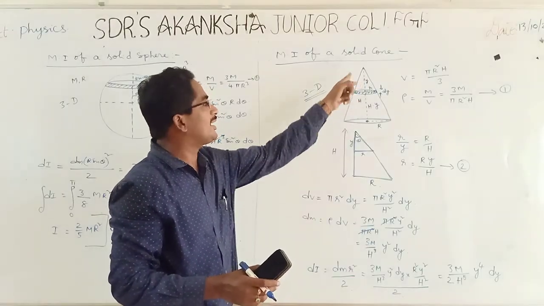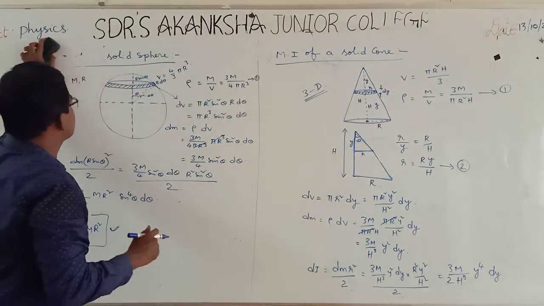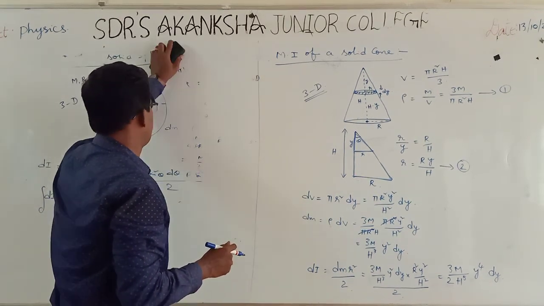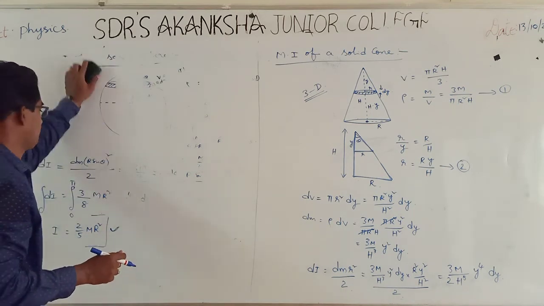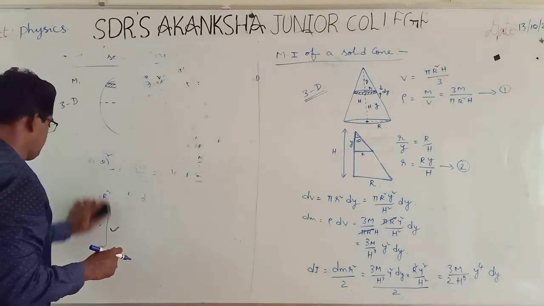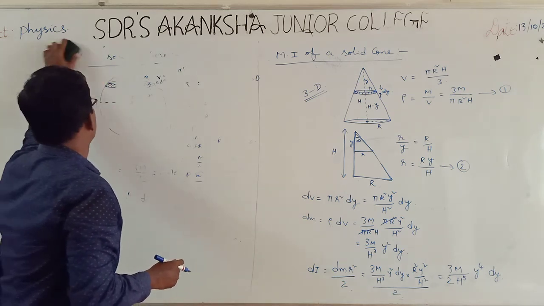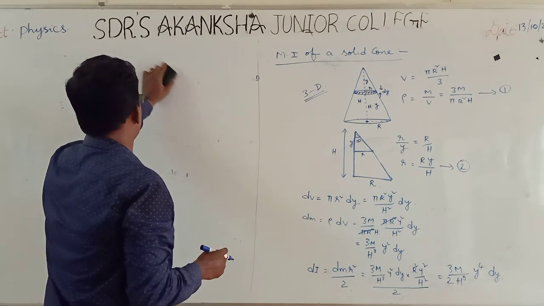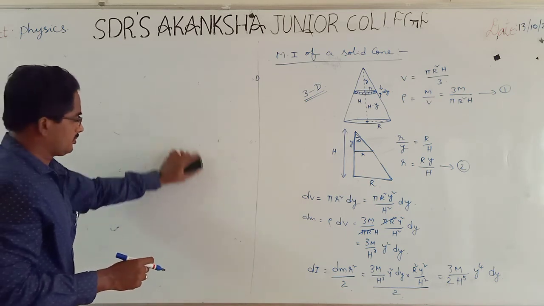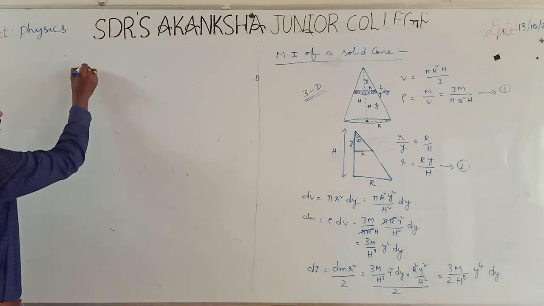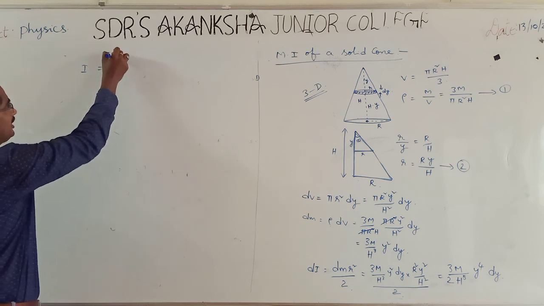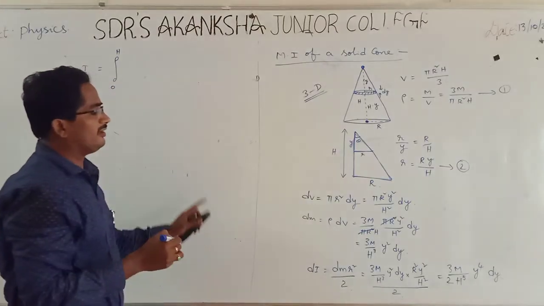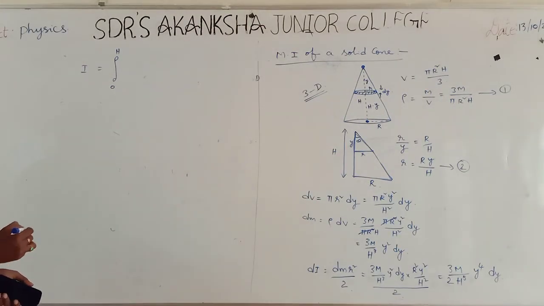After that, we are going to integrate it to get the total moment of inertia. How to get it? See here. Moment of inertia equals integral 0 to H. Why? Because y value is starting from 0 to h. So since y value is changing from 0 to h, those are the limits I took.